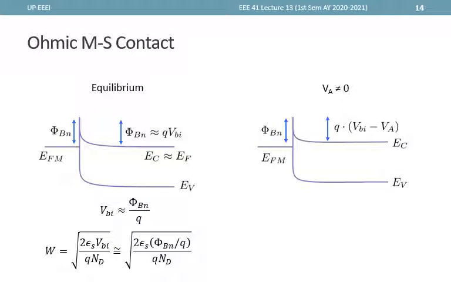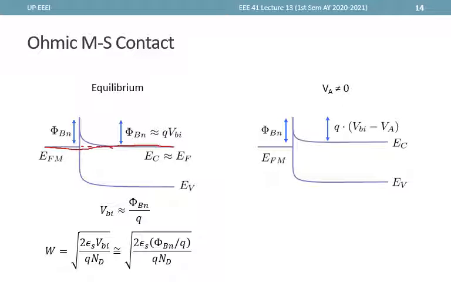To visualize that, let's consider the case for an N-type MS contact wherein the semiconductor is so heavily doped that EC is approximately equal to EF already. So at equilibrium, since EC is approximately equal to EF, the Fermi level must be flat throughout the material.